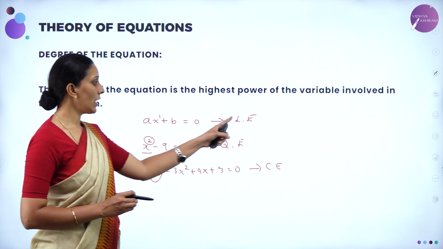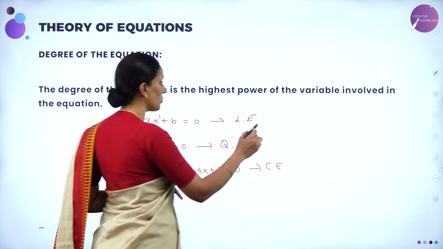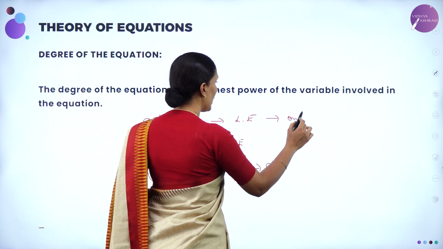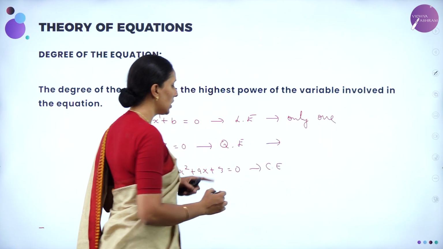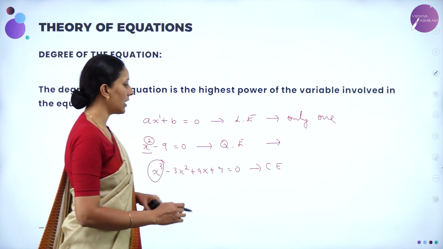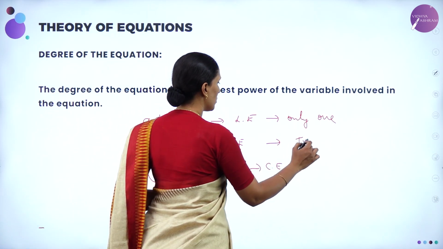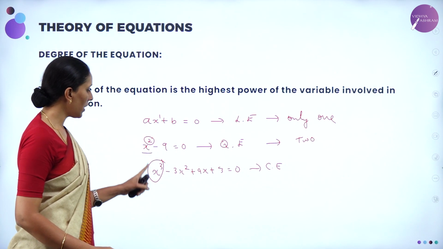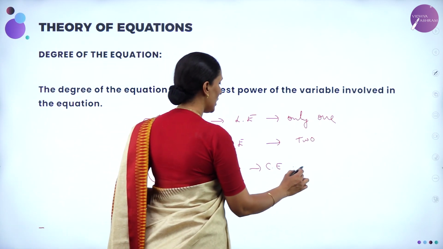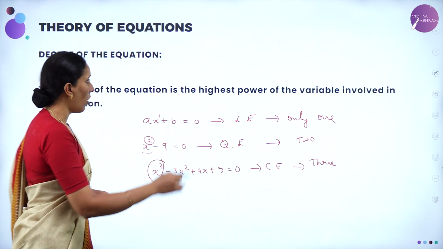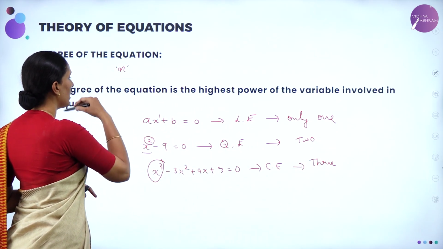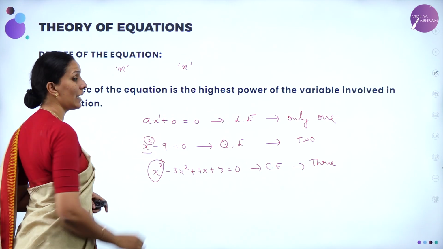When I say linear equation, there is only one solution. When we talk about the quadratic equation, since the degree is 2, the number of solutions is 2. For the cubic equation, since the degree is 3, the number of solutions is 3. So in general, for an nth degree equation, the number of solutions will always be n.